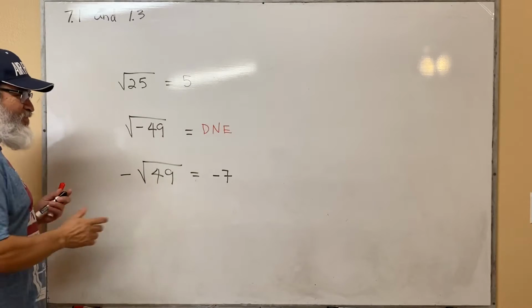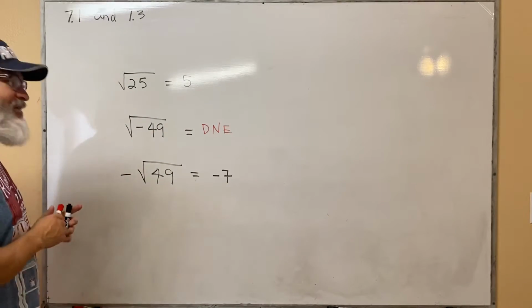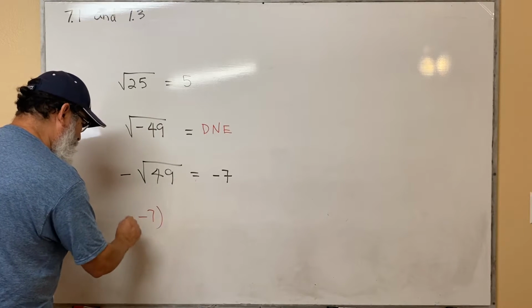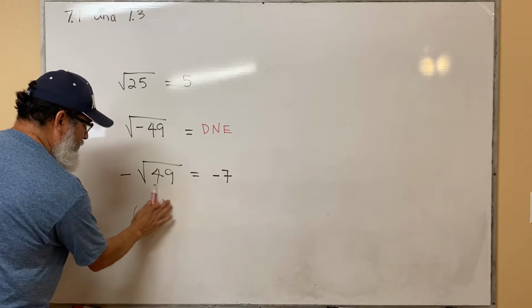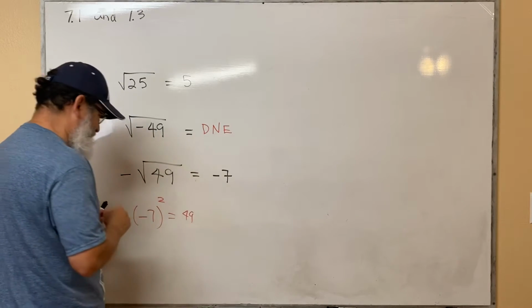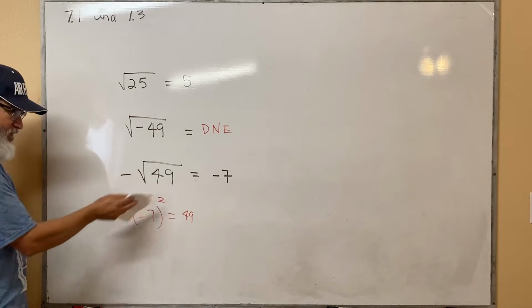Why? Because when you square negative 7, you get 49. So this is true. Negative 7 quantity squared equals 49. So that's a true statement. The answer is -7.